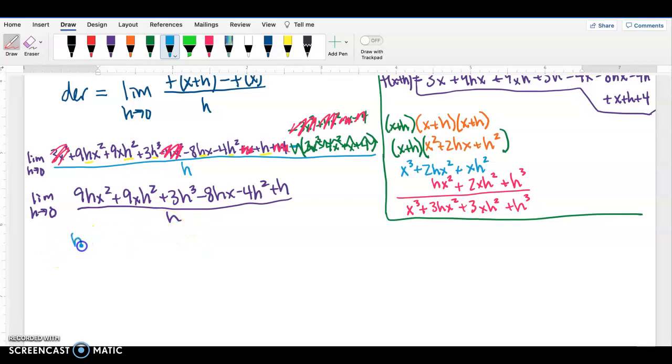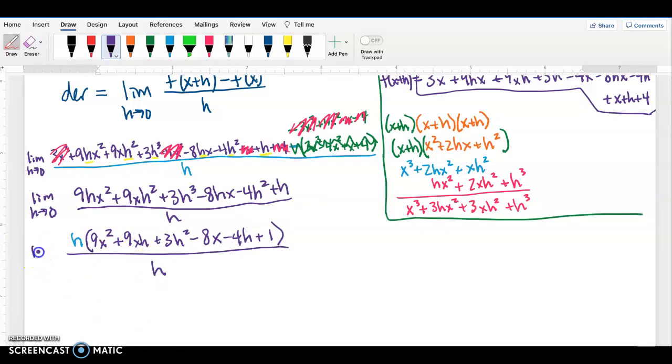So I'm going to factor an h out of everything in the numerator. This is going to give me 9x squared plus 9xh plus 3h squared minus 8x minus 4h. Careful with this one, it's a plus 1 if you take that out. Okay, that's all over h. So now we're still doing the limit as h approaches 0.